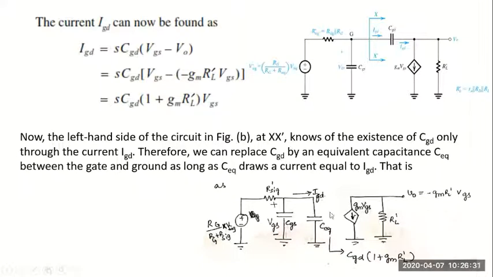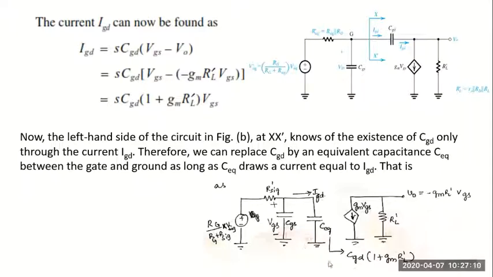If I have to do this kind of replacement, I will have to find the replacement for CGD. I am trying to replace this CGD with an equivalent capacitance C equivalent on the input side alone.